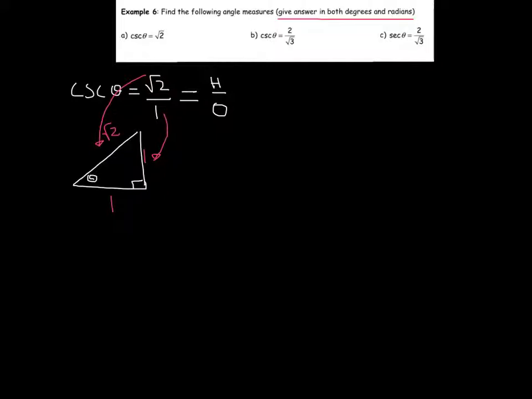And now you must ask yourself, okay, then what should theta equal? Theta has to equal 45 because only in the 45, 45, 90 triangle do you have 1, 1, and root 2 as the ratios of the sides. So this angle right here is actually 45 degrees. So that's what theta is equal to for this first one, 45 degrees.